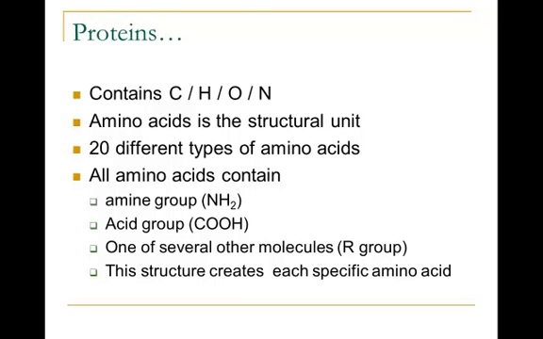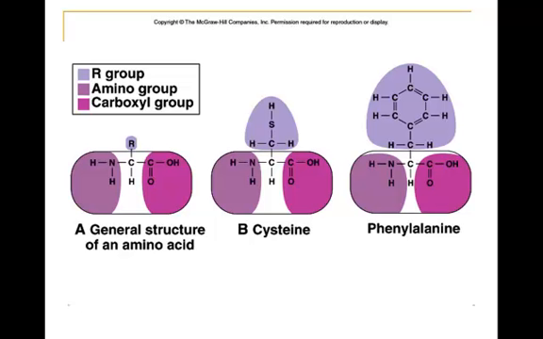Proteins also contain carbon, hydrogen, oxygen, and nitrogen. The amino acids are the structural units. There's 20 types of amino acids in our body, and all of them contain 2 structural parts. I'm going to go to the picture. They have a nitrogen group, which you see over here, and they have a carboxyl group, or COO, and then above it is some other molecule that makes it specific.